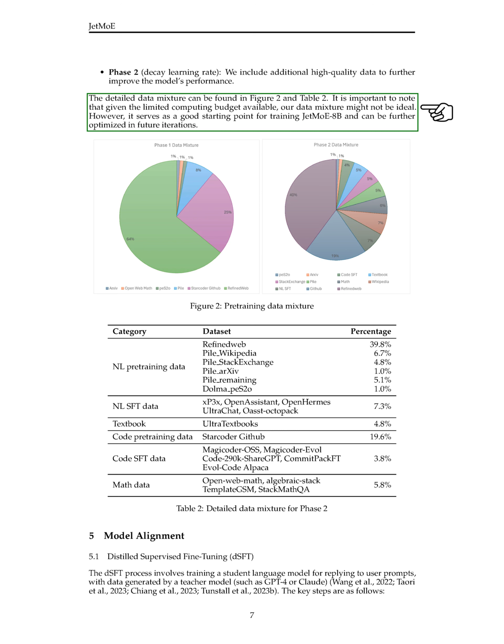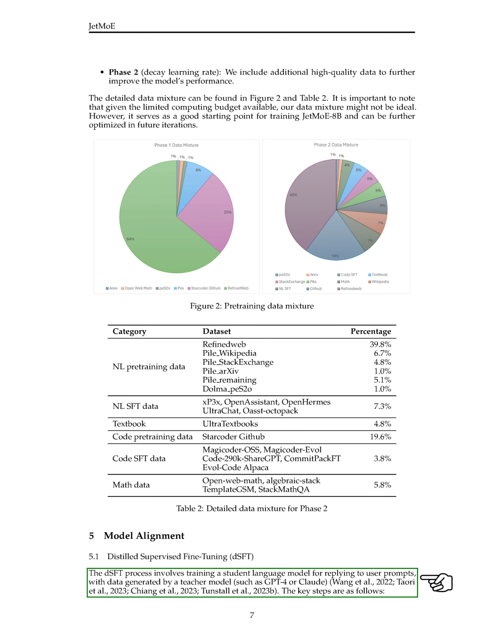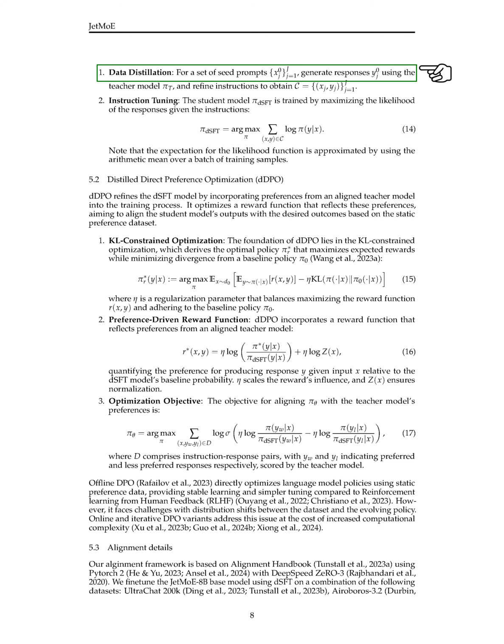Section: Distilled Supervised Fine-Tuning, DSFT. In this section, we present the Distilled Supervised Fine-Tuning, DSFT, process. We train a student language model to respond to user prompts using data generated by a teacher model like GPT-4 or Claude. The key steps are as follows. 1.